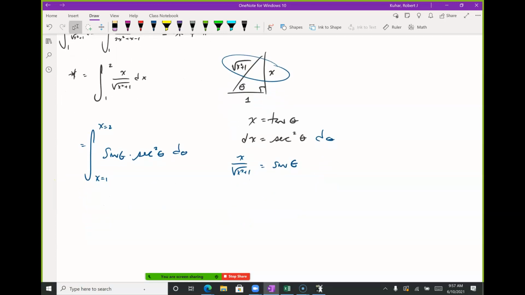So I don't know if you remember me saying, what's my process now? Turn everything to sines and cosines and see what you have, right? So I've got a sine of theta over cos of theta times another 1 over cos of theta, right? Which is really secant tangent.